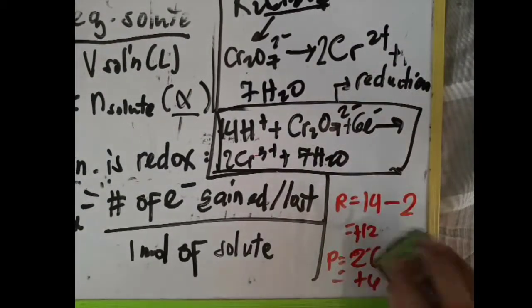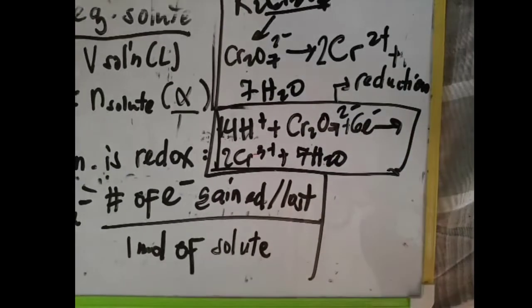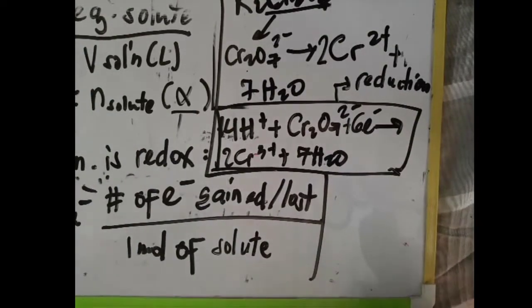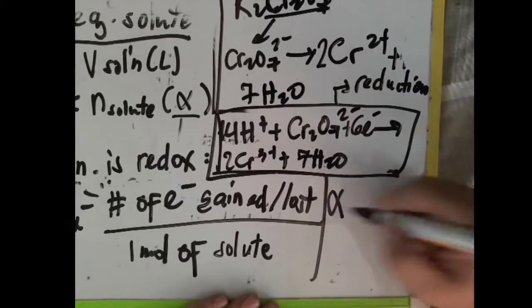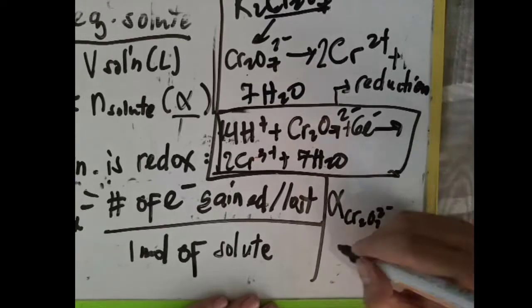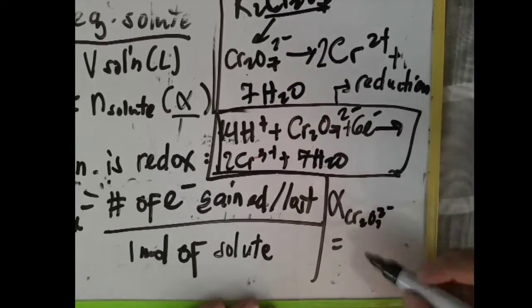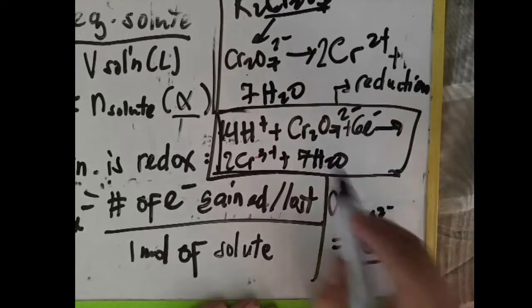Now, going back to our topic, by the definition of the alpha in redox, the alpha of dichromate in the redox reaction is equal to the number of electrons, which is 6, divided by 1 mole of the solute.